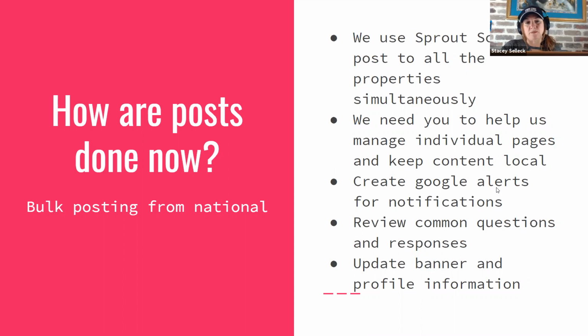And so again, going back to Facebook, the one thing that we really need for people to do is review the common questions that people ask and the responses. So we're going to put a list together, and I'll show you where you can find some of those on our website as well. That way, if people have questions and you don't know the answer, a lot of the questions are pretty much the same.